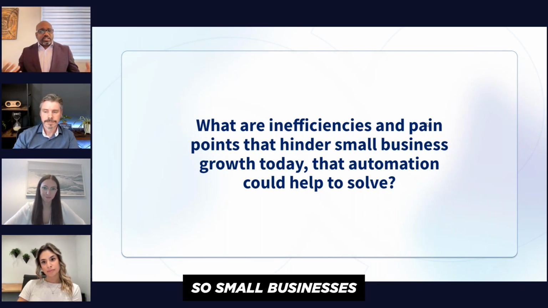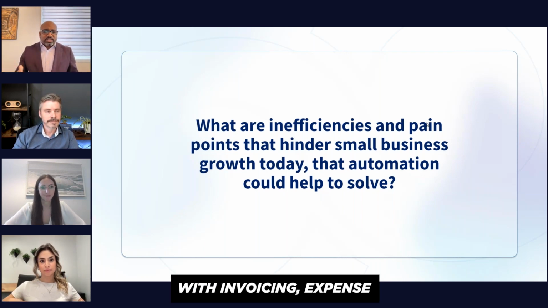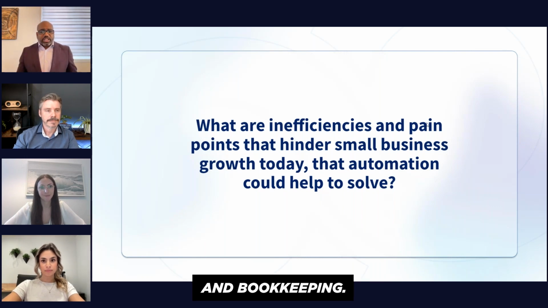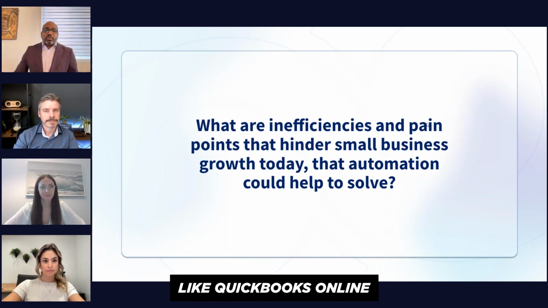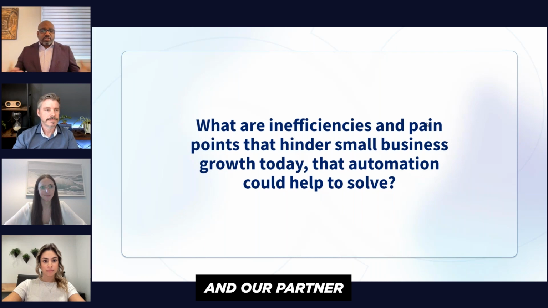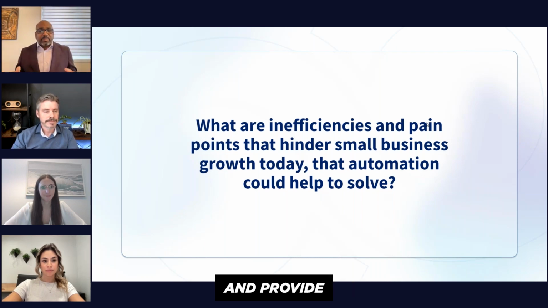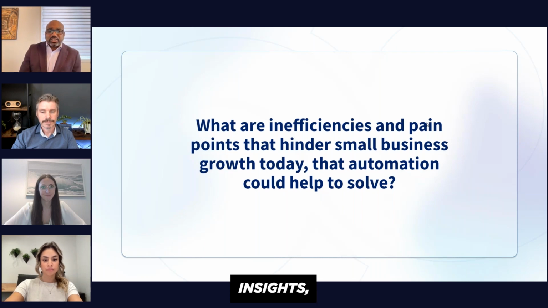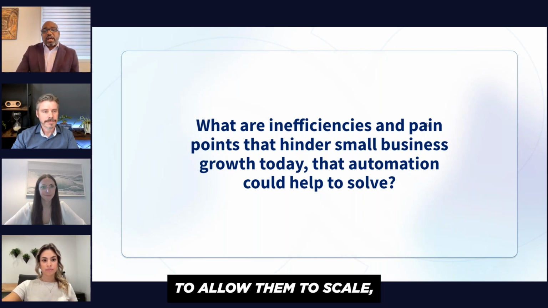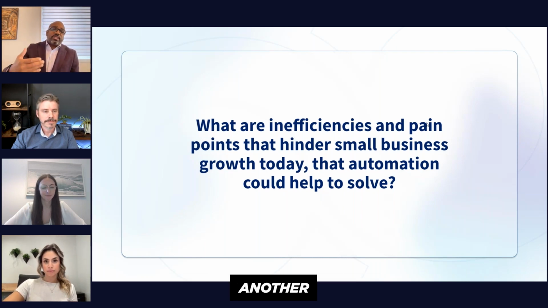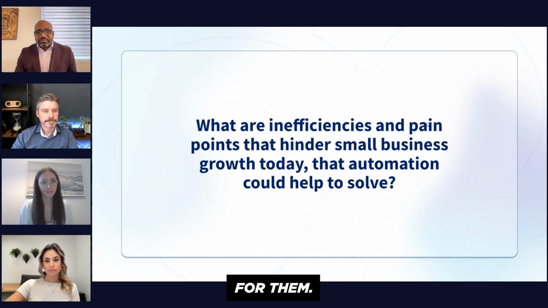Small businesses often struggle with invoicing, expense tracking, and bookkeeping. So automation tools like QuickBooks Online and our partner ecosystem can really streamline those tasks and provide real-time insights for those businesses to allow them to scale, which is often another challenging factor for them.